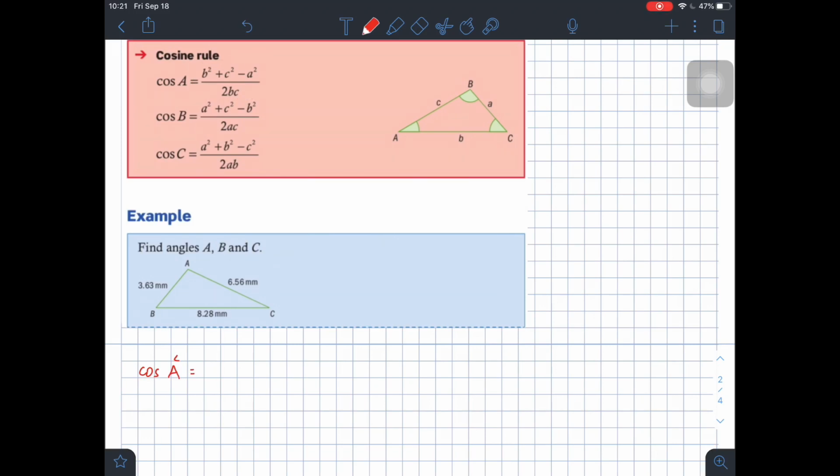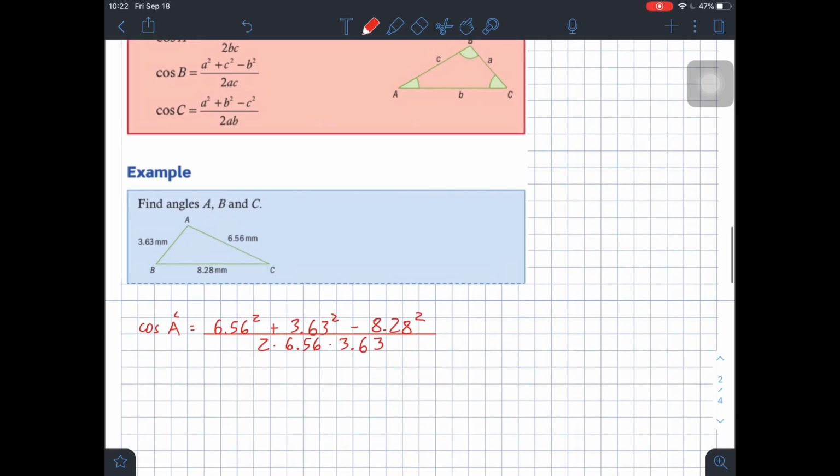So B squared is 6.56 squared plus C squared, that's 3.63 squared, minus A squared, which is 8.28 squared. This is being divided by 2BC, right? So 2 times B, which is 6.56, times C, which is 3.63 millimeters, right?